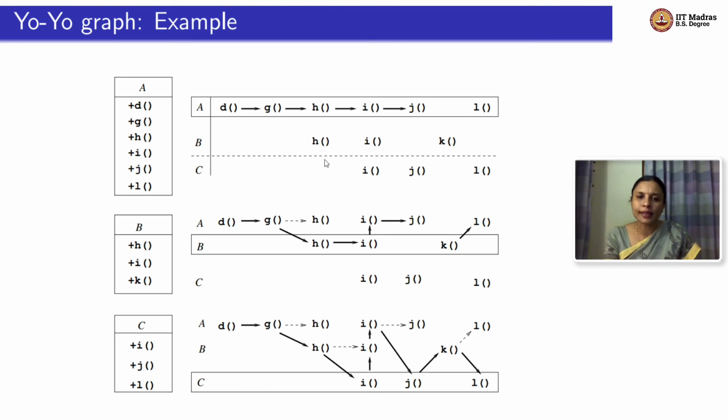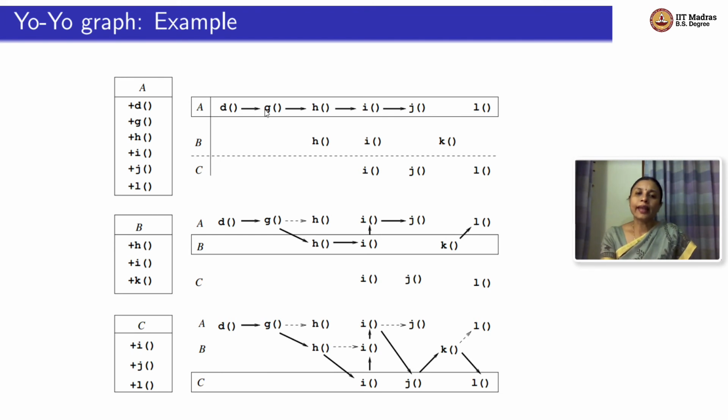Similarly, for class C, the corresponding methods are kept in a row below their respective overridden methods. So method I of C is kept below I of A and I of B. Method J of C is kept below method J of A. Method L of C is kept below the method L of A.